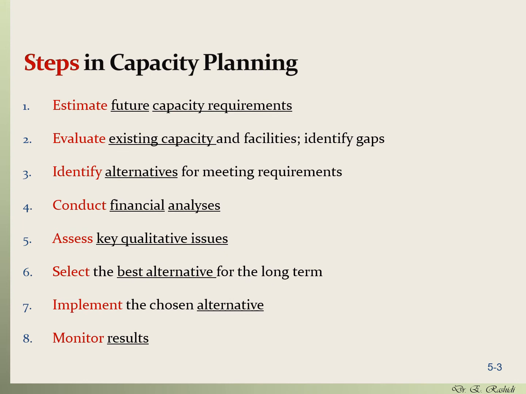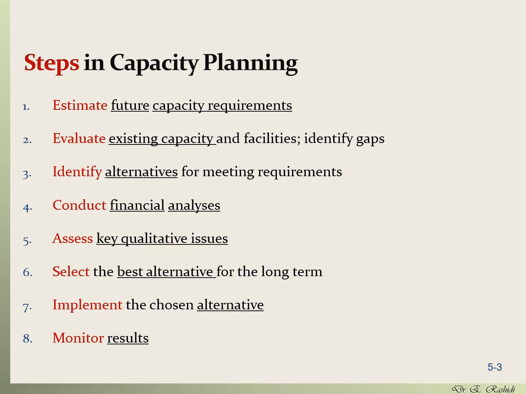After this whole consideration from all angles, you're going to select the best alternative for the long term for your organization, considering the economic concern, the popularity concern, and any other issue that is important for your organization. And after you select that, you're just going to implement the capacity expansion based on the alternative that you selected.